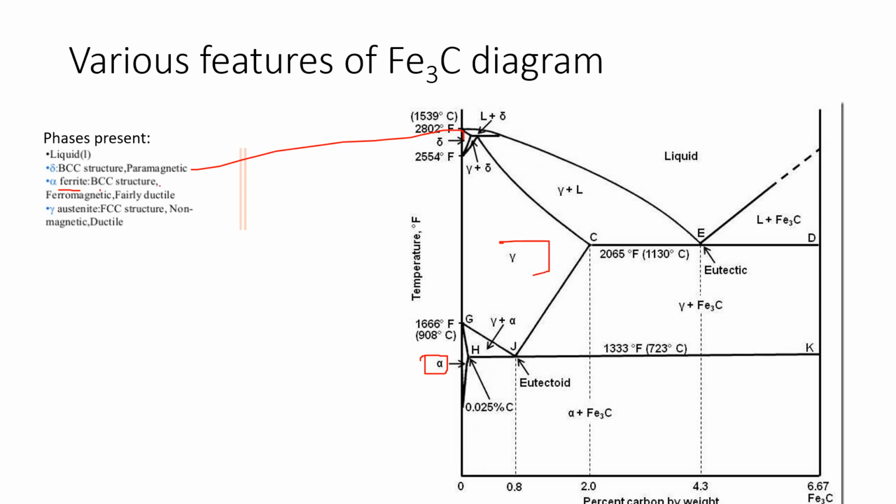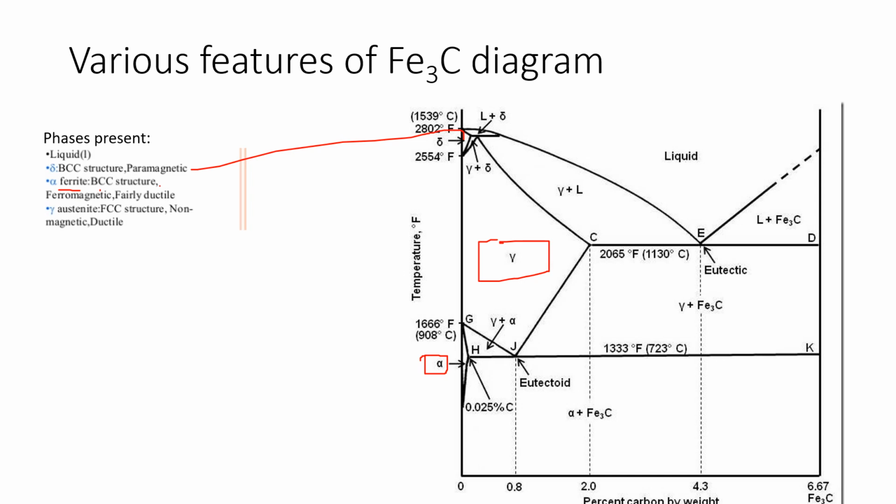and the gamma region is between 2554 degrees Fahrenheit and 1666 degrees Fahrenheit. This is the gamma austenite region, which is FCC structure, non-magnetic and ductile. This is the liquid phase.